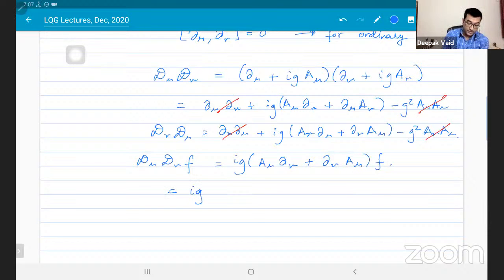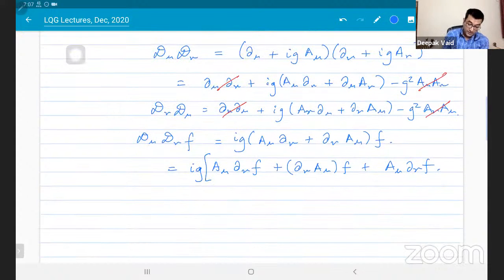So ig A mu d nu f. Now the second term has two parts. One is d nu A mu f, and the other part is A mu d nu f. Ig multiplied by everything. Is this right? I think it's right.